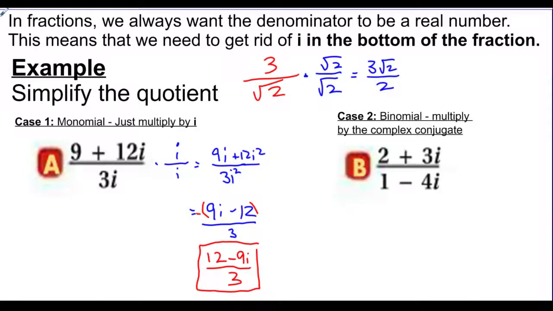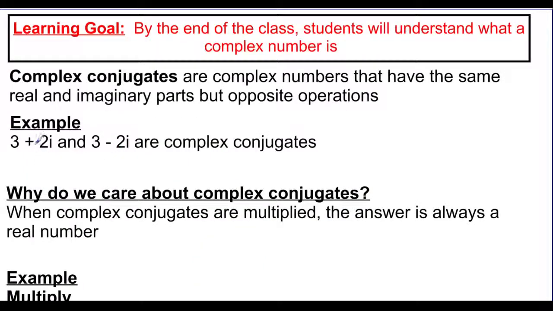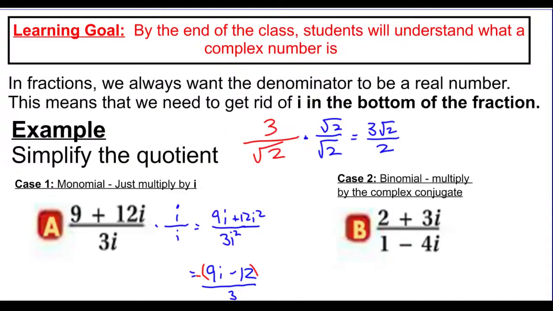Okay, so if you remember what we said about complex conjugates, okay, we said 3 plus 2i, its complex conjugate is the same thing but with a minus sign. So if I'm looking at what I have on the bottom, 1 minus 4i, its complex conjugate is going to be the same thing but with a plus sign. Right? So the same expression, but we switch the signs.